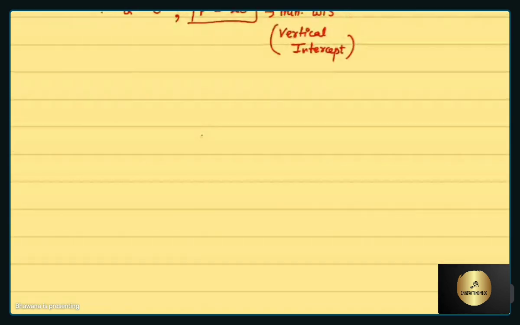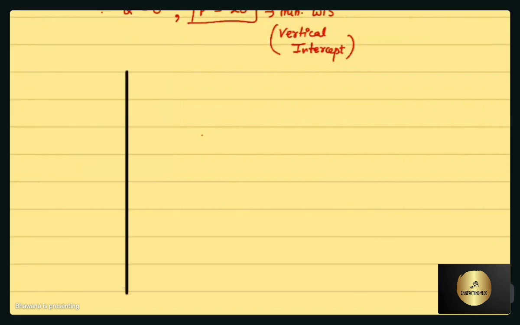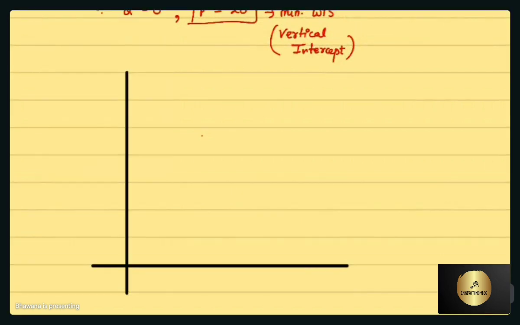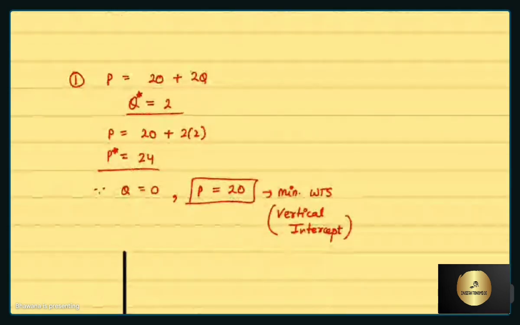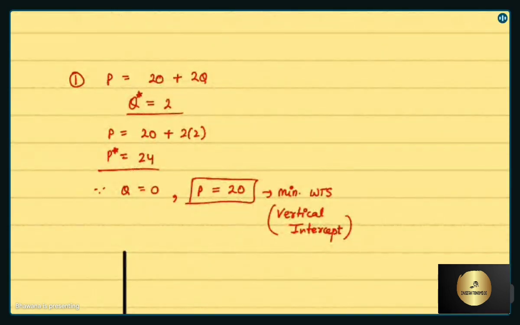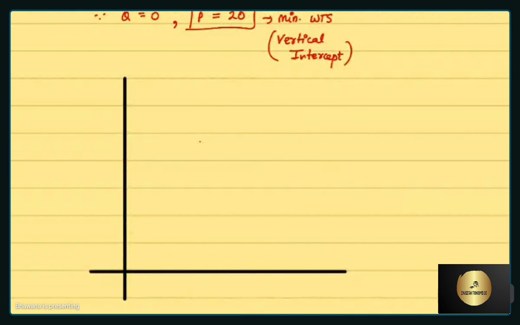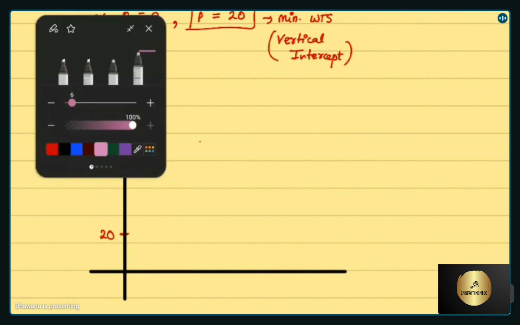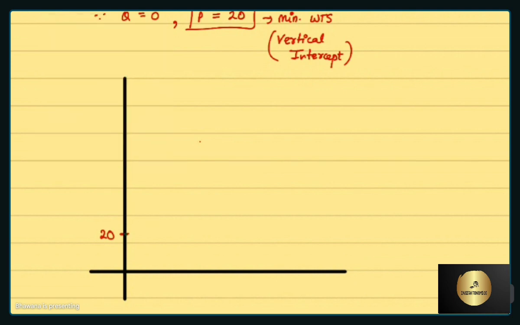Now we can put it on a graph. This is your vertical intercept, P is equal to 20. Okay. So let me use a different color for this. This is a straight line curve.